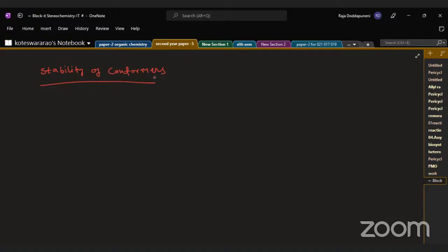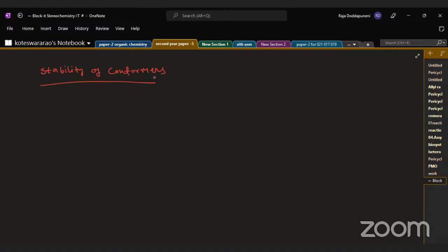That stability is influenced by several factors like torsional angle, torsional strain, also known as steric hindrance, van der Waals repulsions, dipole repulsions, and intramolecular hydrogen bonds. All these factors influence the stabilities of the conformations.